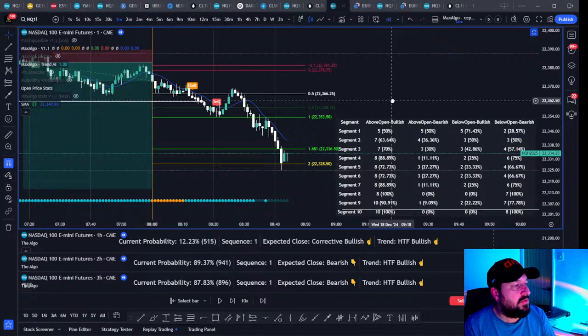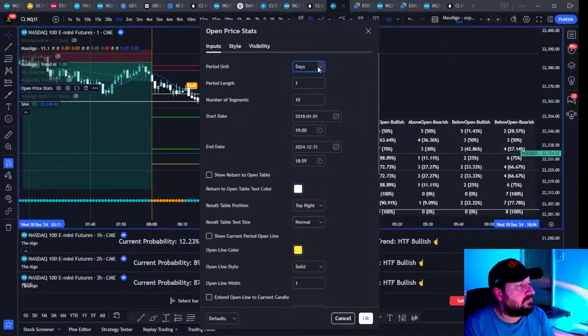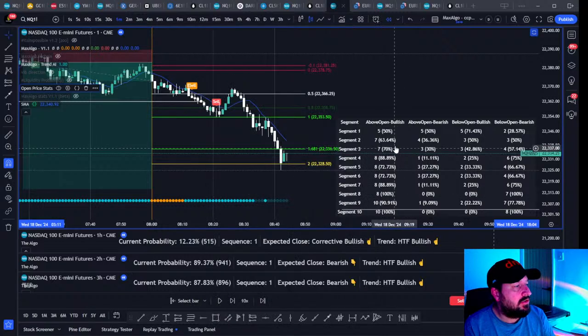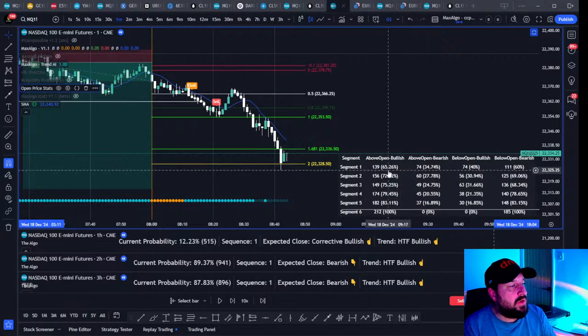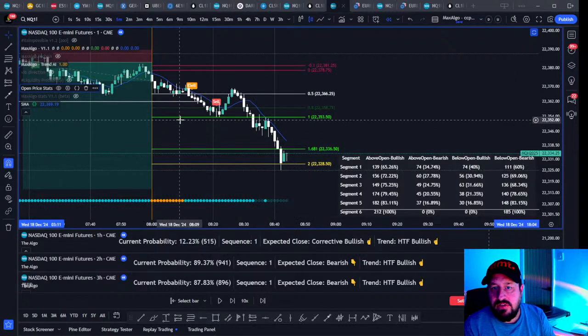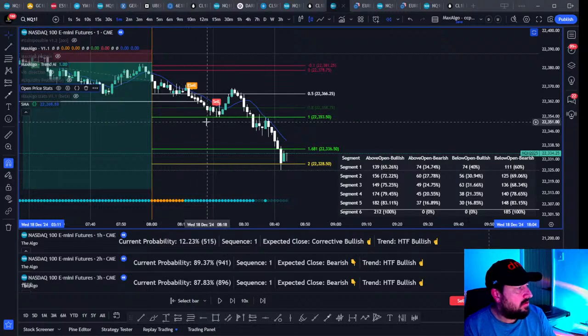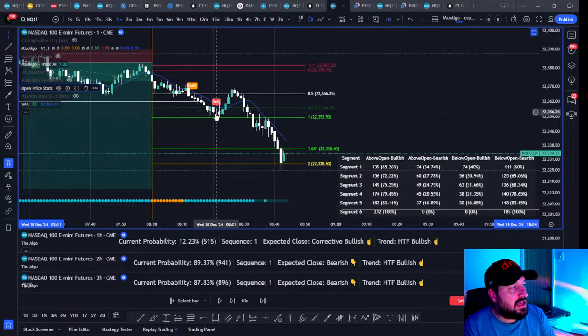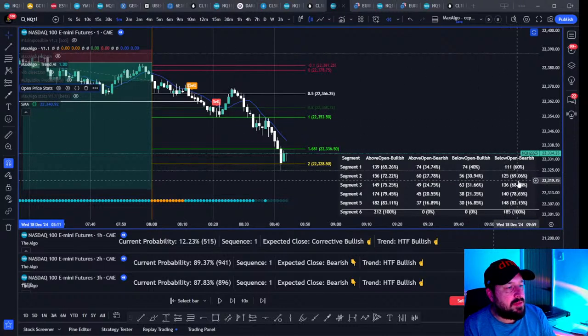So here this is showing us, on an hour, when we close below the open, what's the probability then that the hour closed bearish? So we've had one segment, two segments. So by the time we get the sell signal, we've had two segments. So at that point, there's a 69% probability the hour's going to close bearish.